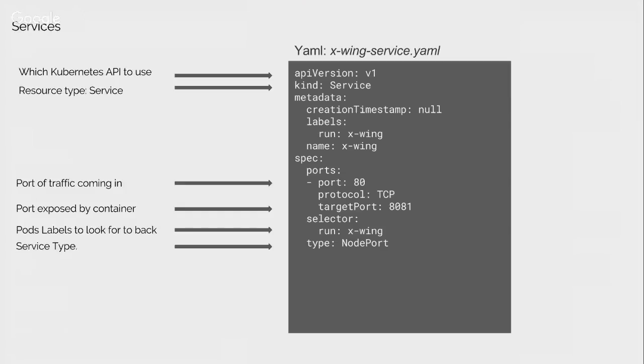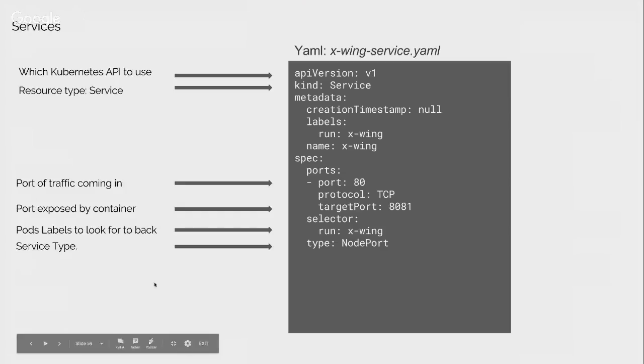So it's going to know that this service I'm creating is going to be backing those X-Wing pods, because those pods had matching labels of X-Wing, and it's going to create a service that's going to back those X-Wing pods.